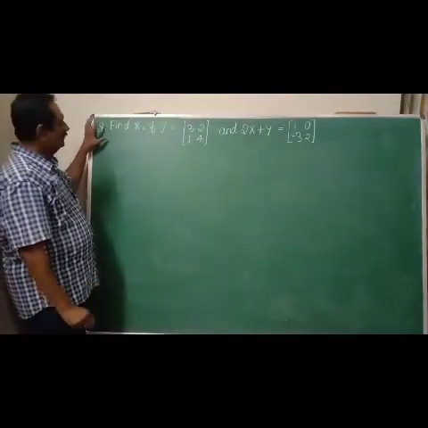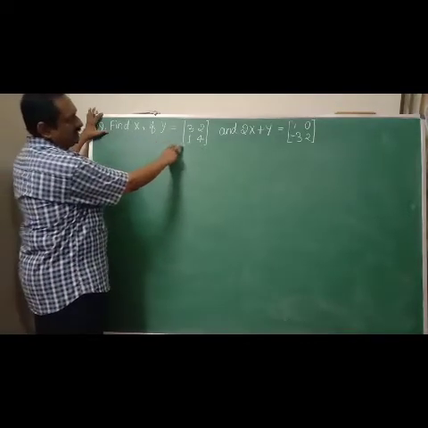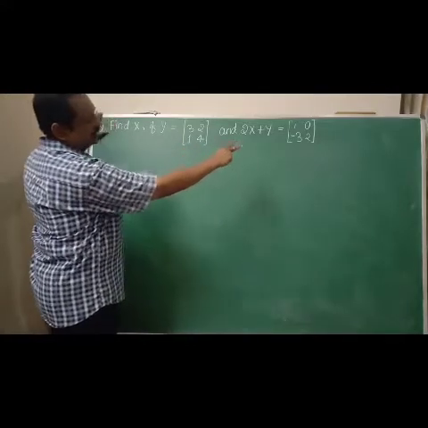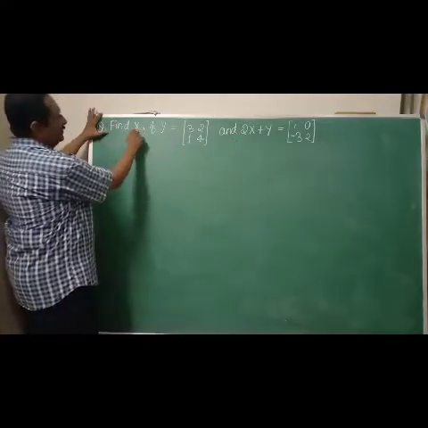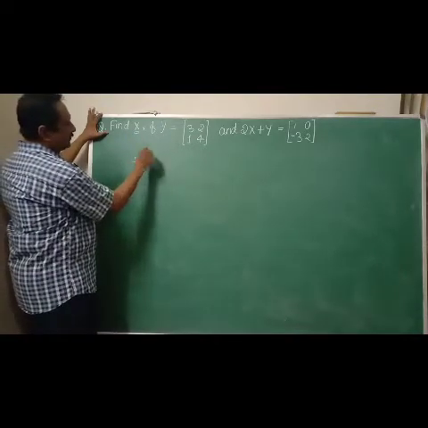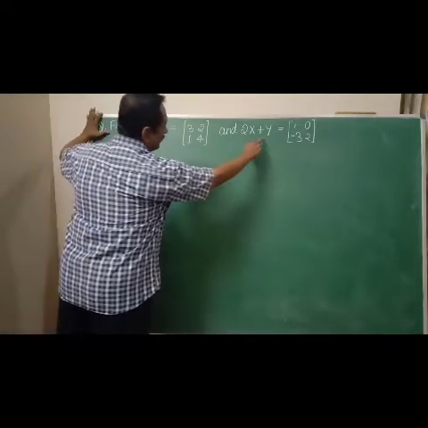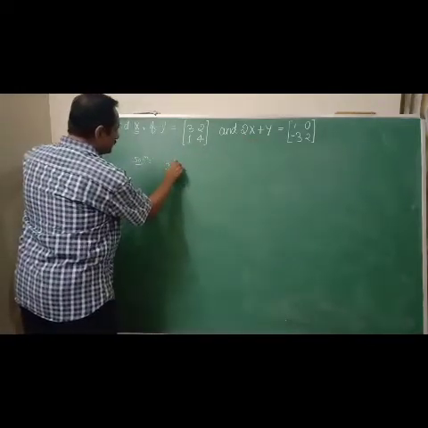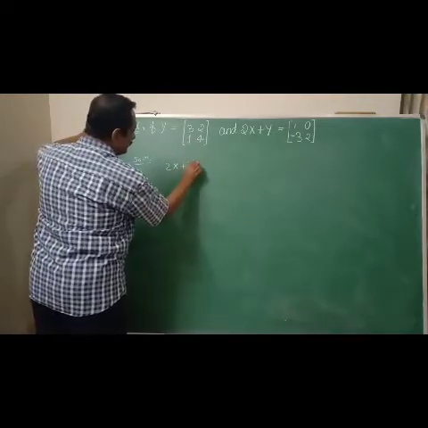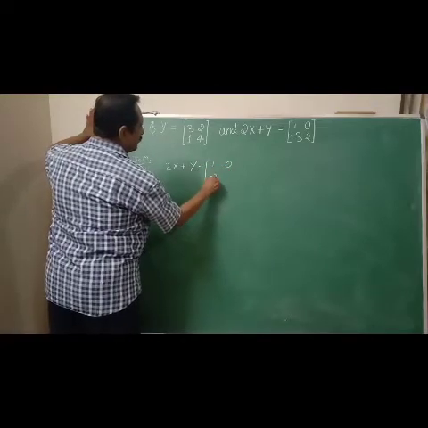Now, find x if Y is equal to the matrix [3, 2; 1, 4] and 2x plus Y is equal to [1, 0; minus 3, 2]. Find the matrix x. Take the second equation, 2x plus Y, where capital Y is equal to [1, 0; minus 3, 2].